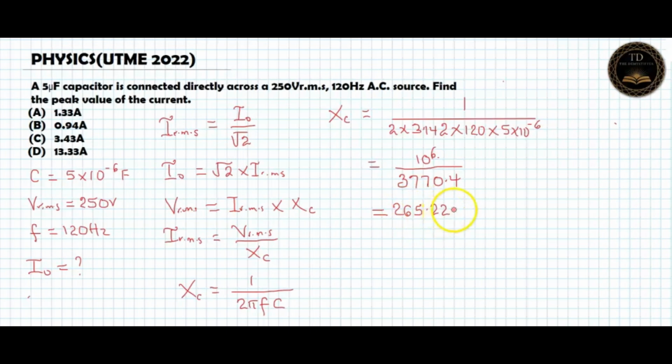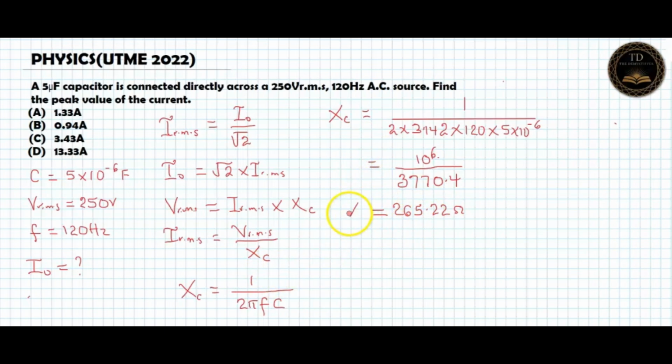We can leave it to 2 decimal places. 265.22 ohms. Take note, that's the unit of capacitive reactance.